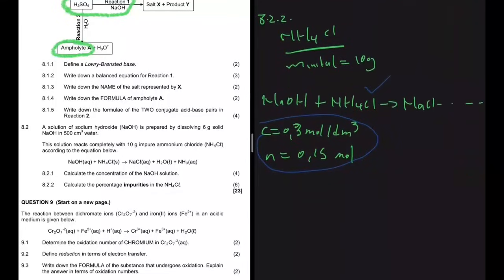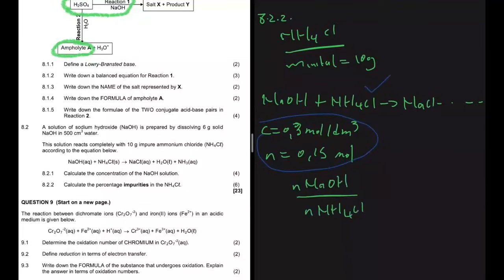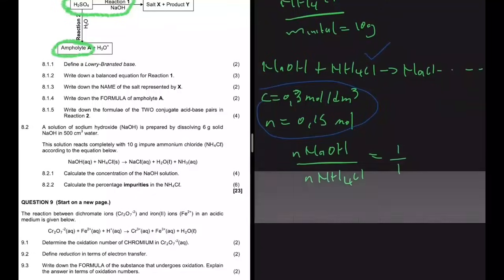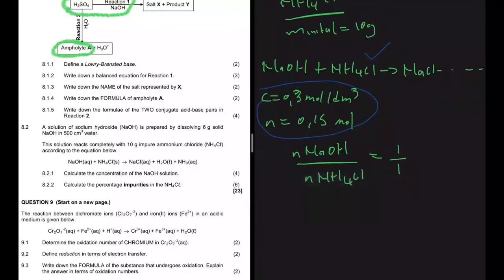So we can say that the number of moles of NaOH divided by the number of moles of NH4Cl will be equals to the balancing coefficient of NaOH is 1 and NH4Cl is 1. So now we're going to cross multiply. The number of moles of NH4Cl will be equals to 0.15 moles, the number of moles of NaOH multiplied by 1.